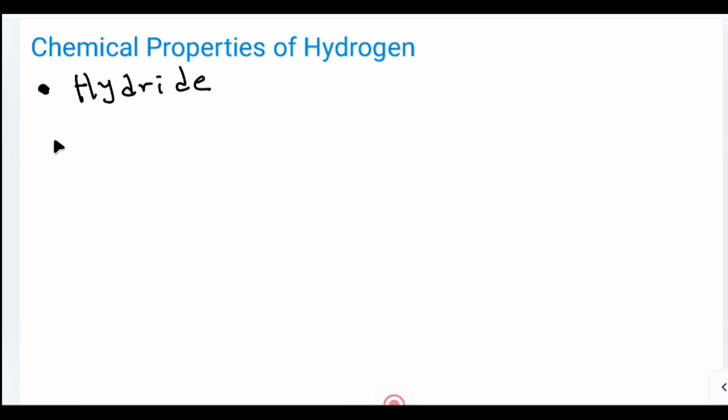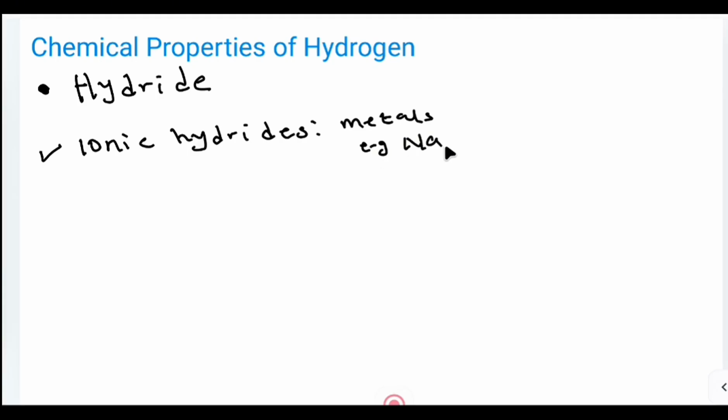Now, these hydrides can be of the following types. We could have ionic hydrides. Ionic hydrides are formed when hydrogen reacts with metals such as sodium, calcium, and magnesium, basically metals, especially the alkali metals.